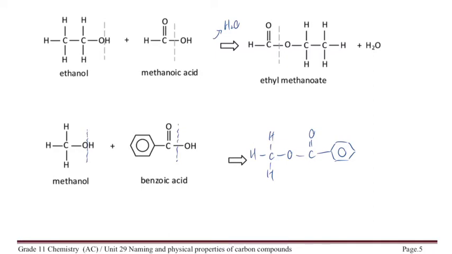So the name for the alcohol part will become methyl, and then with a space, we are going to change the name for the acid and end it in OATE, so it will become benzoate. So the name for this ester is called methyl benzoate.